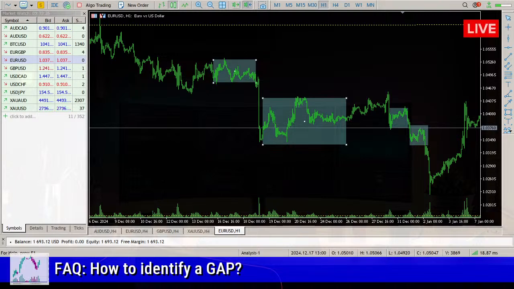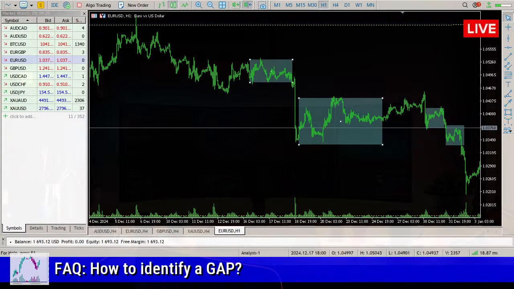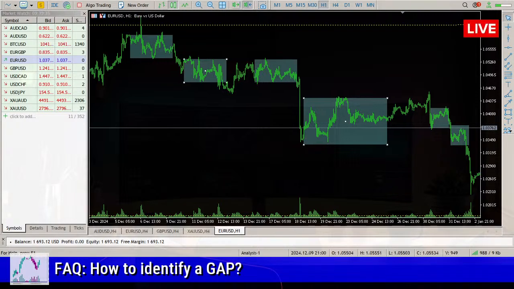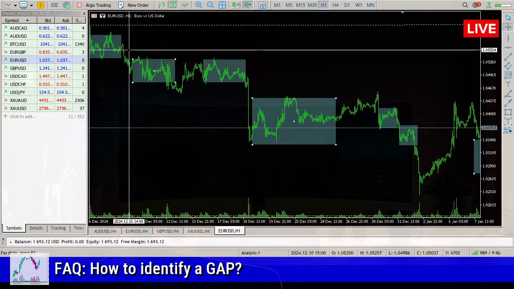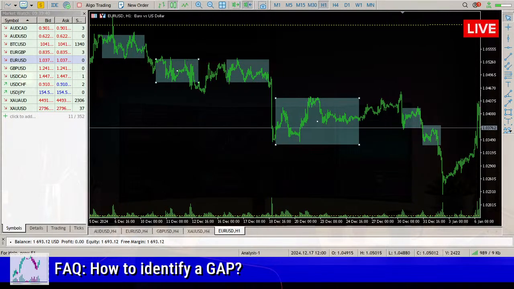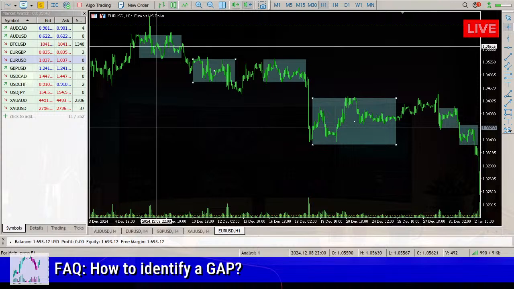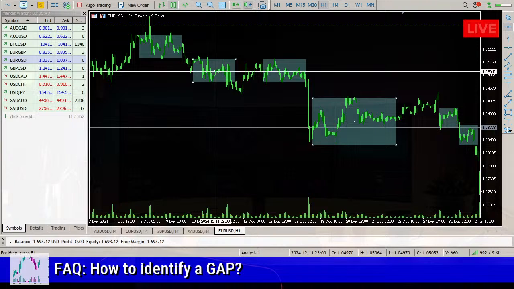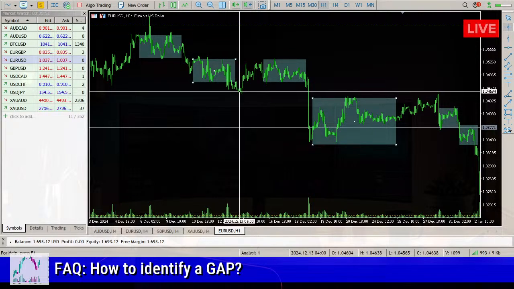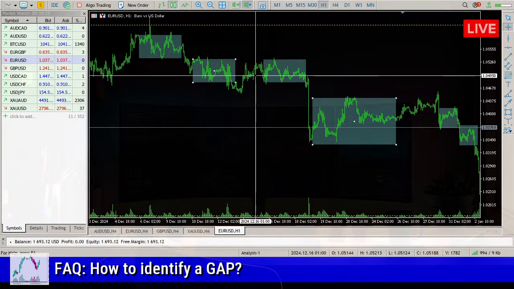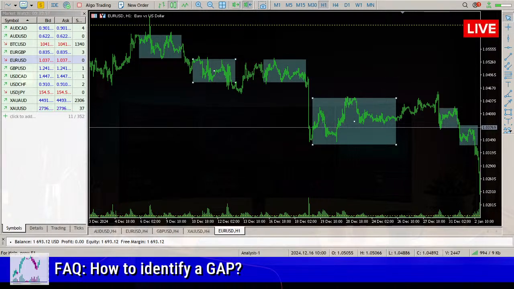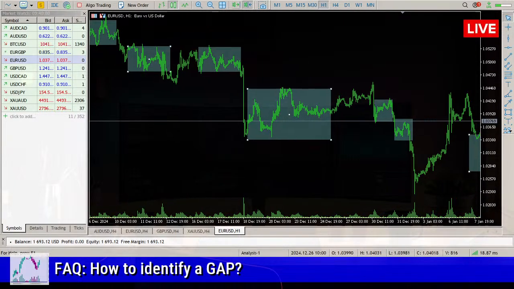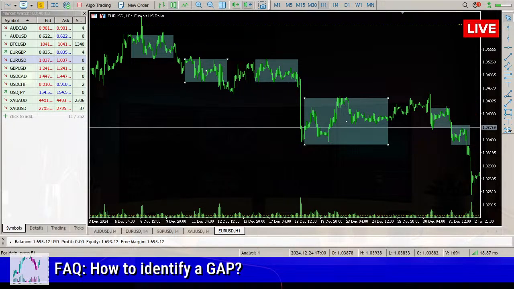Here you can identify the base. There is a base here, it drops to another base, tries to drop again, but it fails and returns back to the previous base. Okay, this is how we identify the gap in different time frames.